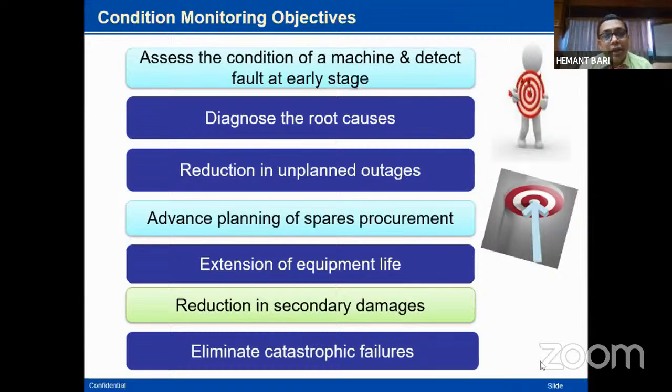Damage means you can repair and reuse that part, but with catastrophic failures you cannot repair or reuse that part, and it is a kind of accident only. So that has to be avoided, and condition monitoring has that much power that catastrophic failures will not happen if you do the condition monitoring properly.